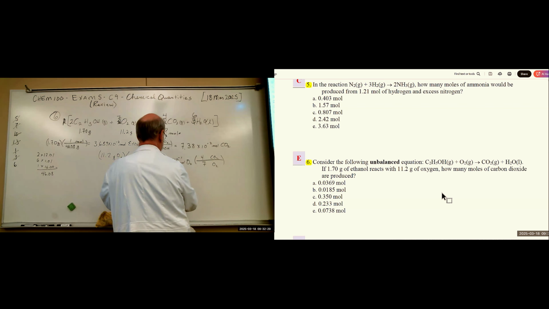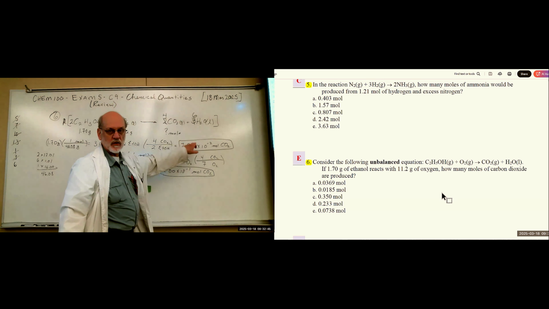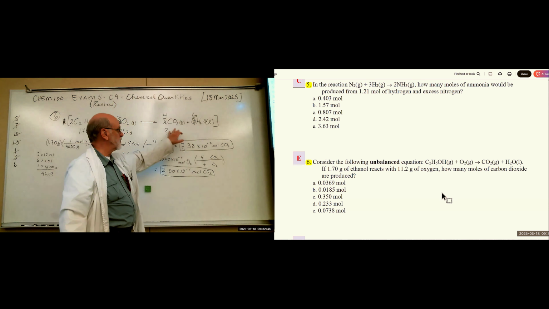Okay, what does that tell us? Compare these two. This one is the smaller number of moles of carbon dioxide, which means that ethanol is limiting. 1.7 grams is not enough to consume all the oxygen. So we use all of this up, it makes that much carbon dioxide, and there's your answer.